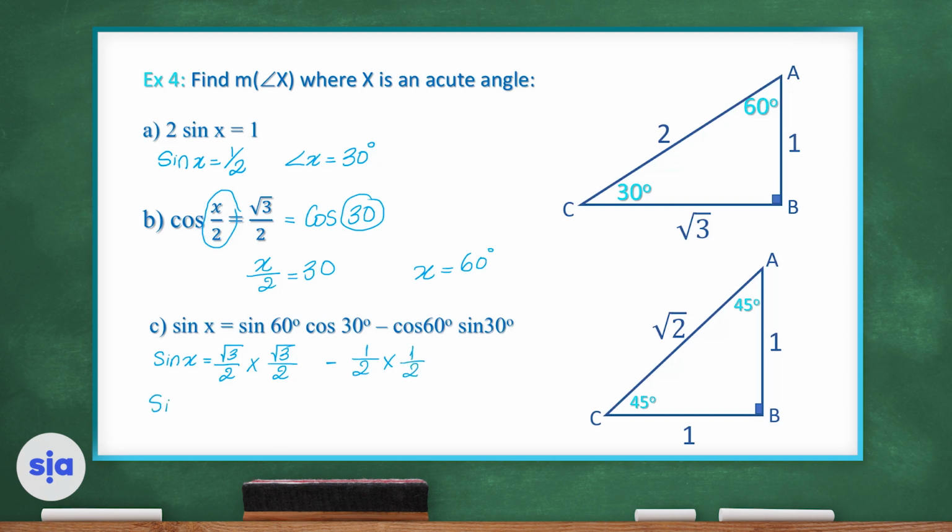Then sine x equals 3 over 4 minus 1 over 4. So sine x equals half. Sine what angle is equal to half? Then x equals 30 degrees, because sine 30 is equal to half.